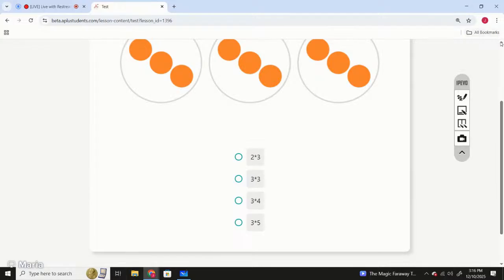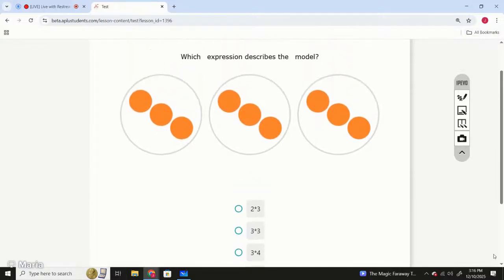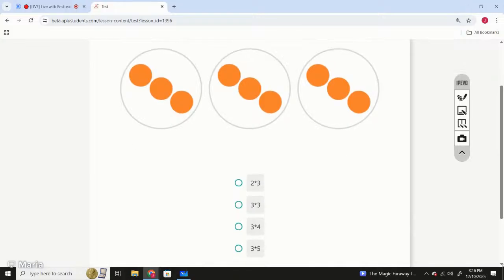Which expression describes the model? So which is the correct option?